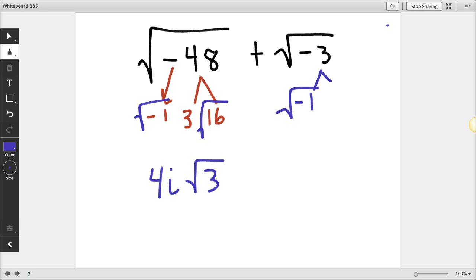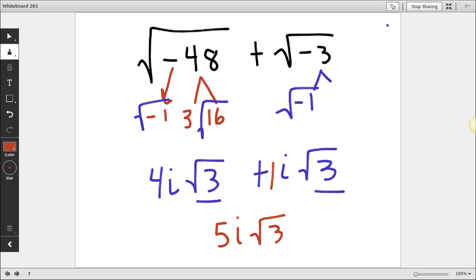So I can take the square root of that, and that's going to give me i times the square root of 3. And now because these are the same, I can combine these two terms by just adding the coefficients. This one has a coefficient of 1, so 4 plus 1 will be 5i square root of 3.